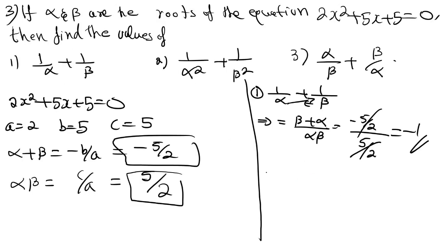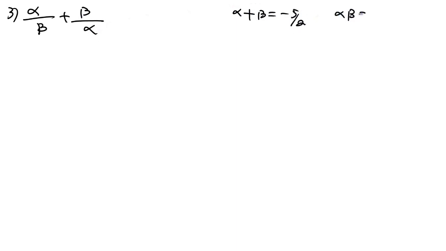Now take the third question, alpha by beta plus beta by alpha. We have alpha plus beta equal to minus 5 by 2 and alpha beta value is equal to plus 5 by 2. Simplify this one, cross multiply, alpha into alpha is alpha square plus beta into beta is beta square, divided by alpha beta.